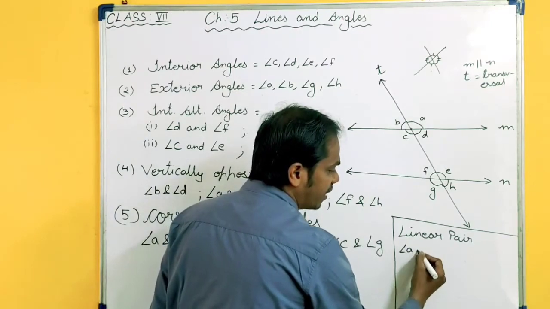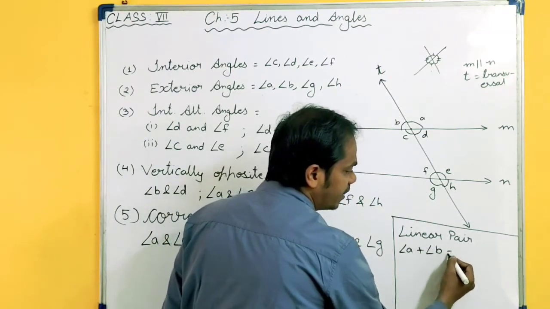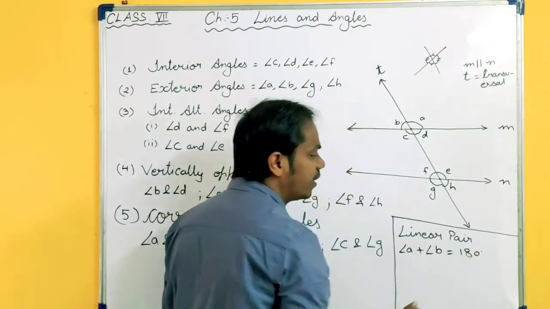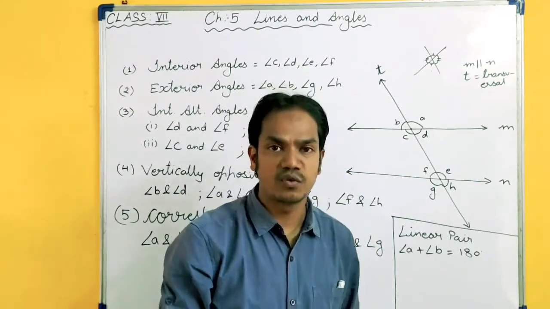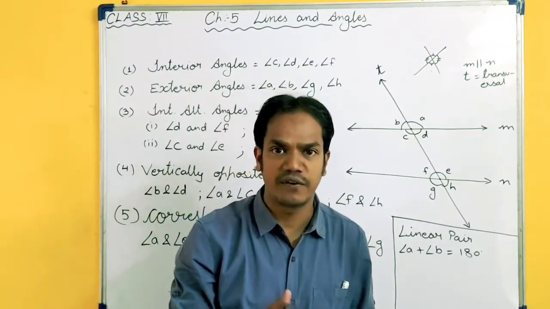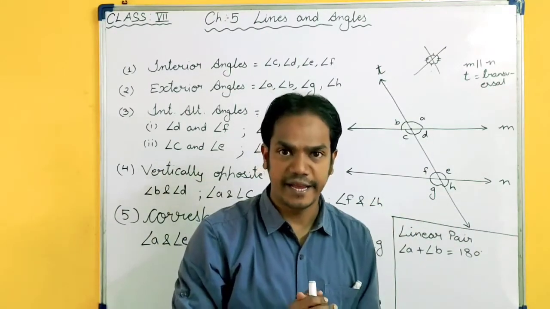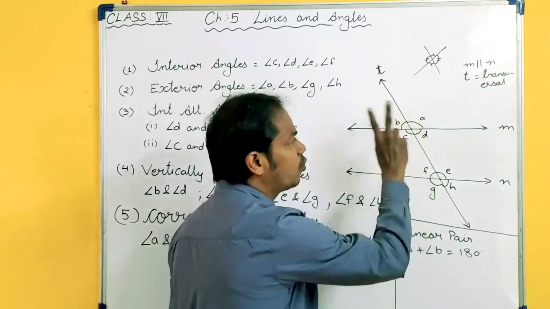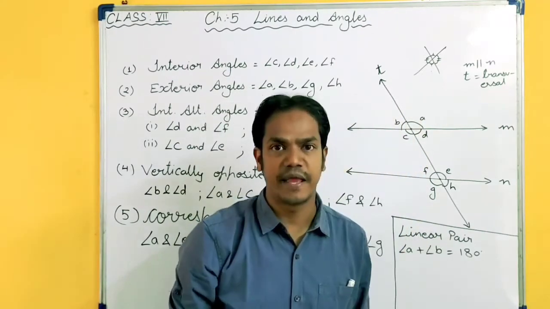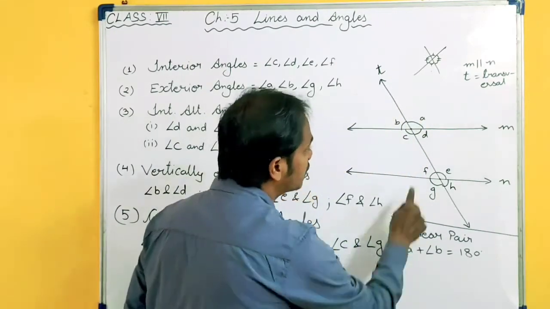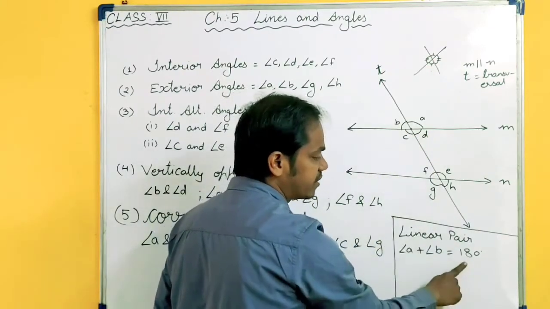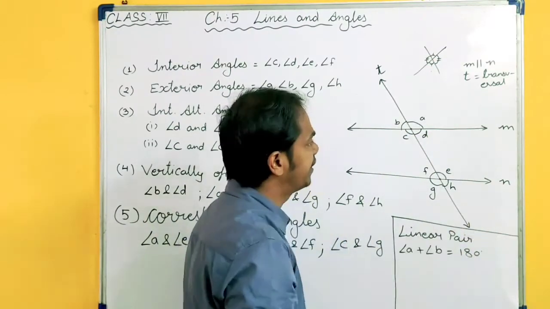So you can write angle A plus angle B is equal to 180 degrees. The property is linear pair. I have already explained different types of angles also. A straight line always measures 180 degrees, and when you get 2 angles, it becomes a linear pair. Pair means 2. So angle A and angle B is equal to 180 degrees, the reason is linear pair.